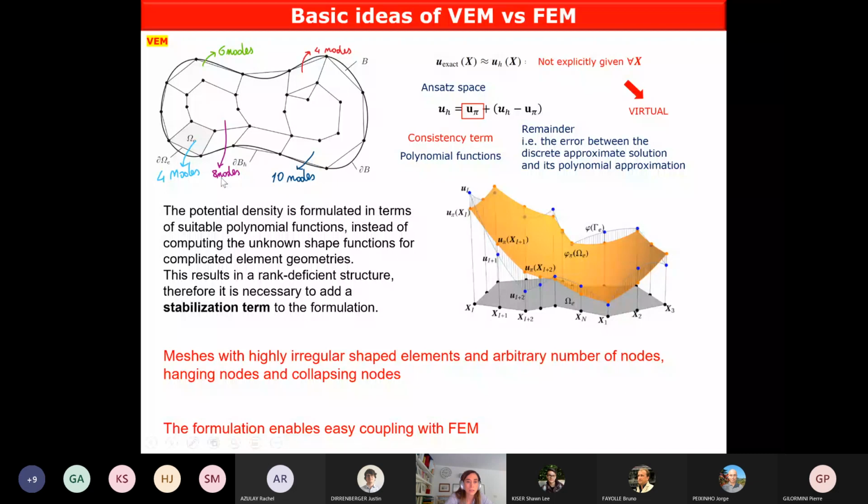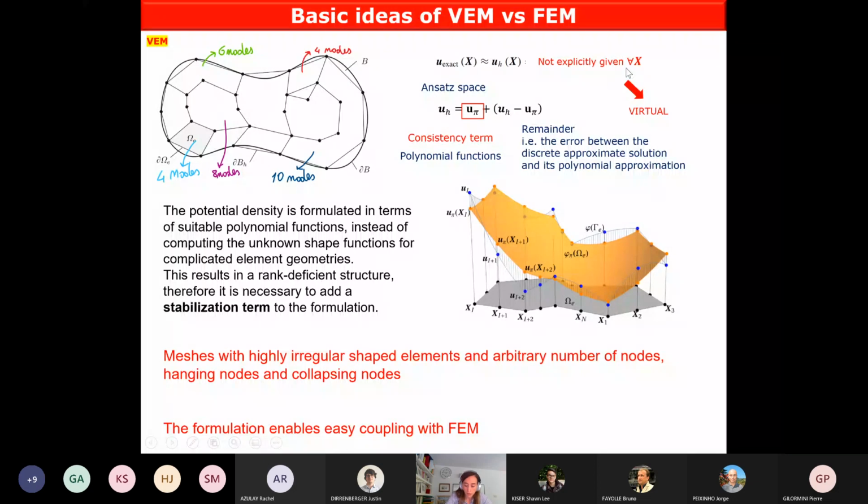Here you can see the same geometry now discretized with elements that are characterized by general shape and general number of nodes. The main difference in this case is that the discrete approximate solution is no longer explicitly given in each material point of the domain. And this is why the method is called virtual.